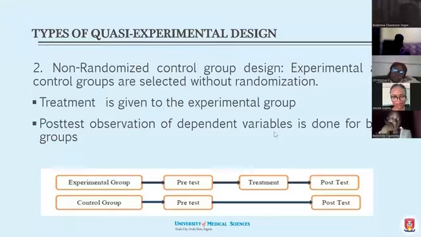You take your pre-test, you do your treatment or intervention, then you take your data later to find out whether there is any difference in the findings at the end of the day.